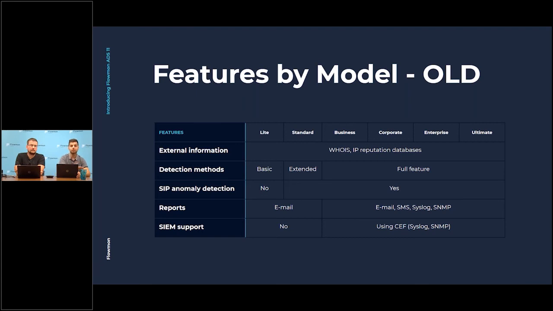So with version light, you had a limited number of detection methods, and if you wanted to go for the full feature set and have all the detection capabilities, you had to upgrade to version business and higher. And a very significant feature differentiation was also the capability of reporting by syslog, which meant the possibility of integrating Flowmon ADS with SIEM systems or log management tools and other third-party systems.